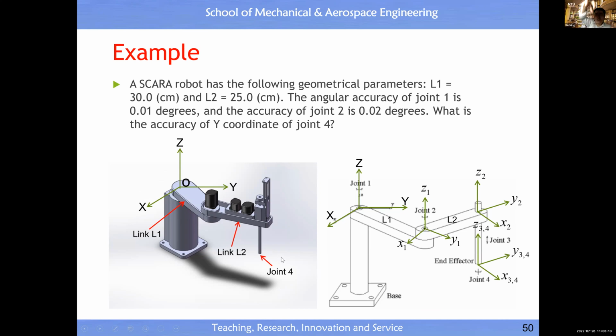If we just look at the top view, that means the view inside the XY plane, then we just focus on the Y coordinate and the X coordinate to see whether the error of the angular motion at each joint will produce error in the XY coordinate of the tool or not, because our tool or hand is here, right?